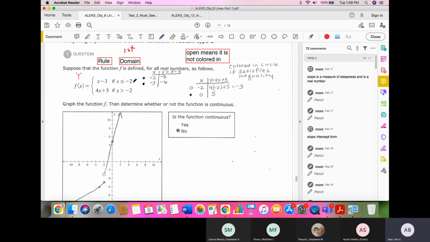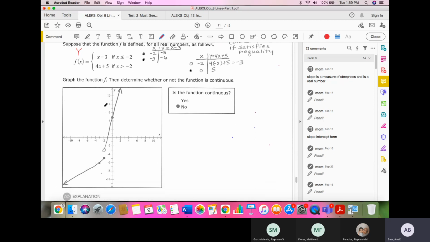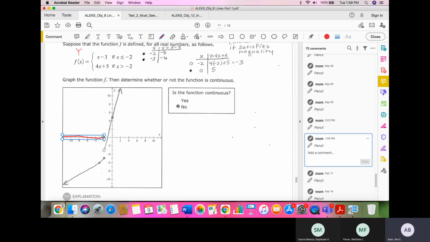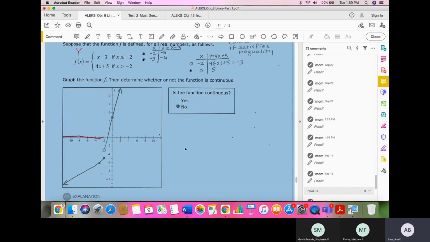So what I want to do with this top, we're focusing on this top rule here. You notice the domain here is x less than or equal to negative 2. That's right here. If I draw that domain on the x-axis, that's where it is.